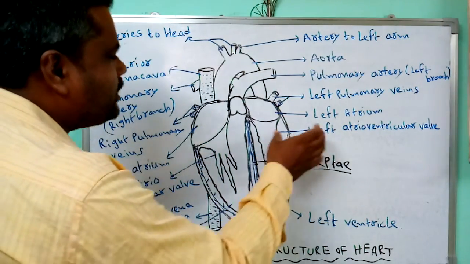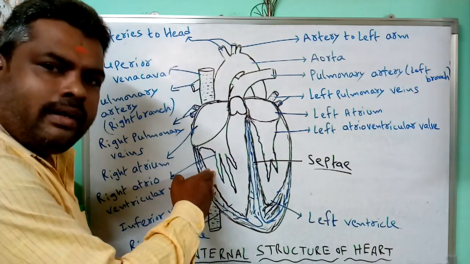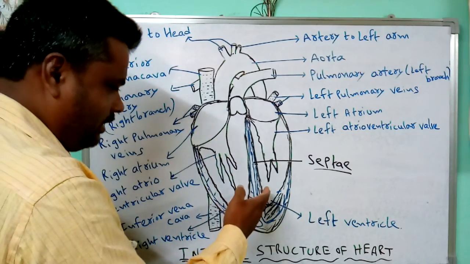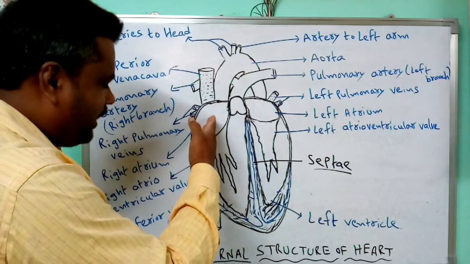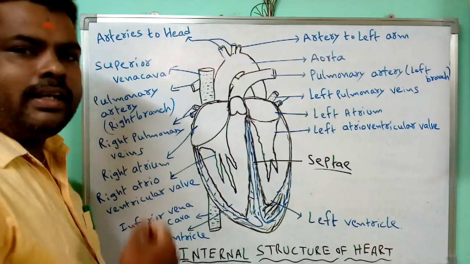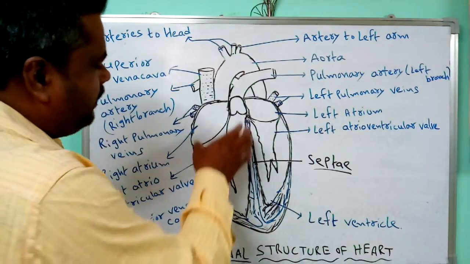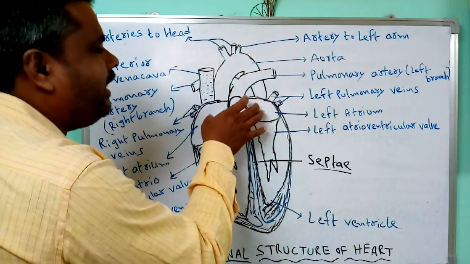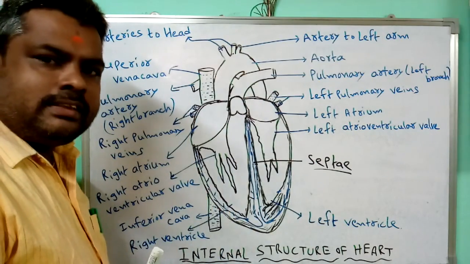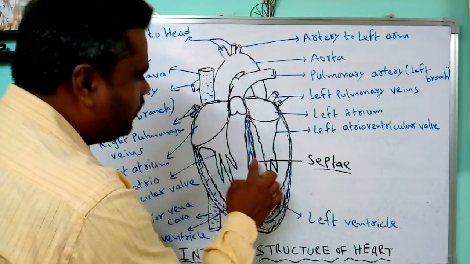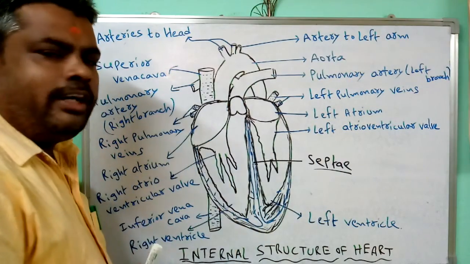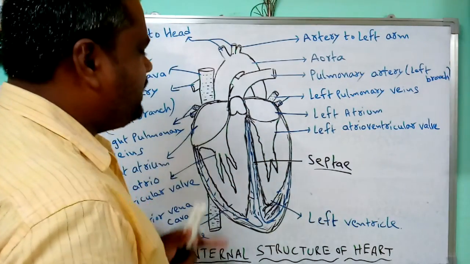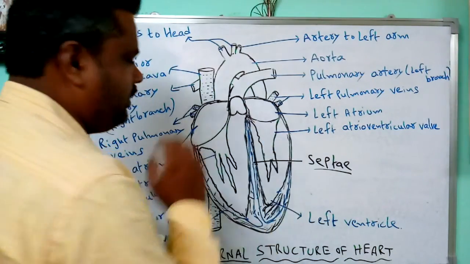The left atrium is smaller than the right atrium, and the left ventricle is smaller than the right ventricle. Next, the walls of the ventricles are thicker than those of the atria or auricles. So these are the major structures found inside the heart.